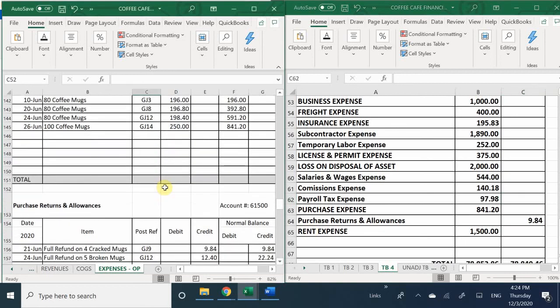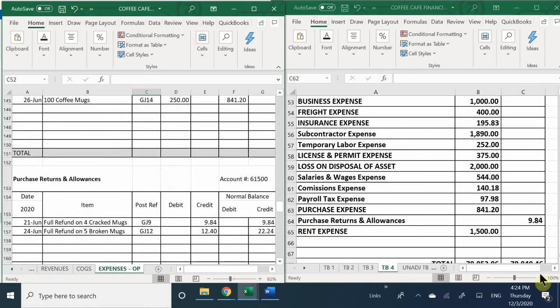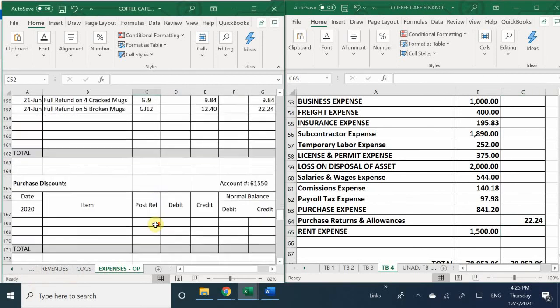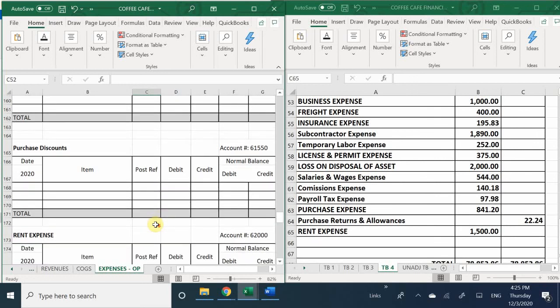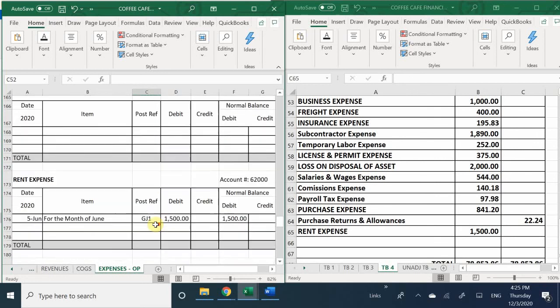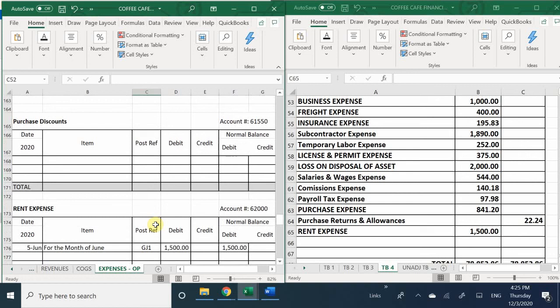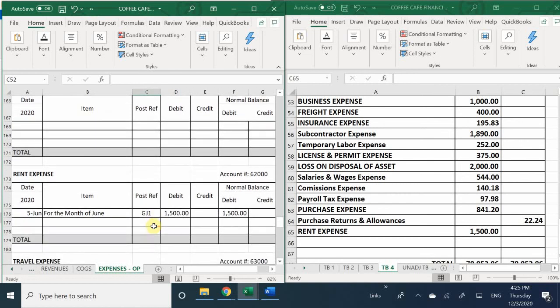Any purchase returns and allowances? Yes. So we're at 22.24 now. All right. Any purchase discounts? Not yet. And then rent expense stayed the same.